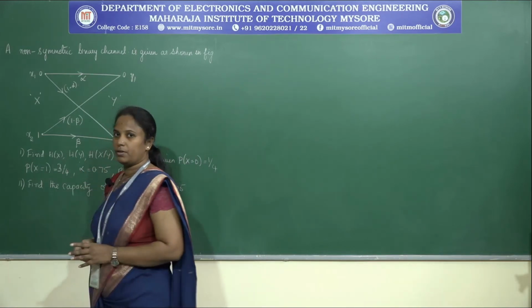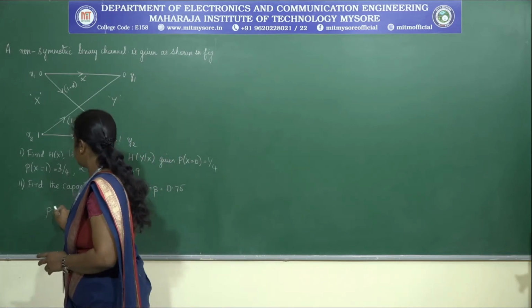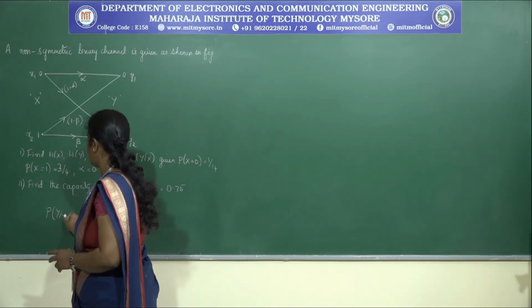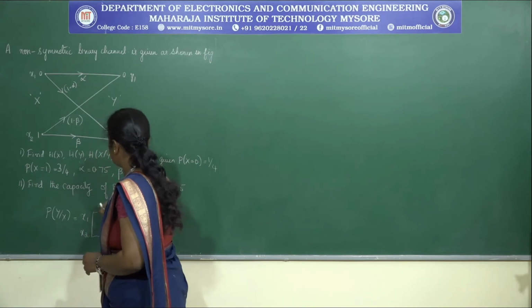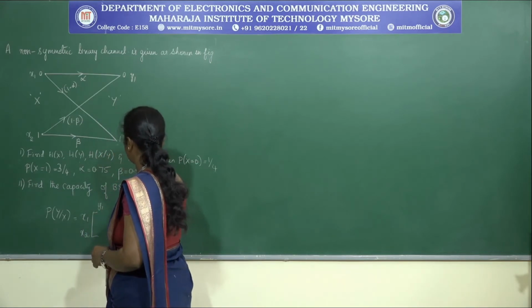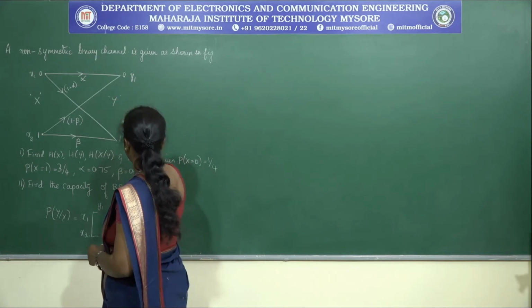In order to find h of x, we first need to represent the channel matrix in the form of the conditional matrix, that is P of y by x. So this is your x1, x2, and this is your y1 and y2. What is alpha which is given here?